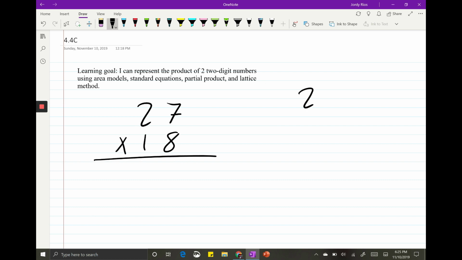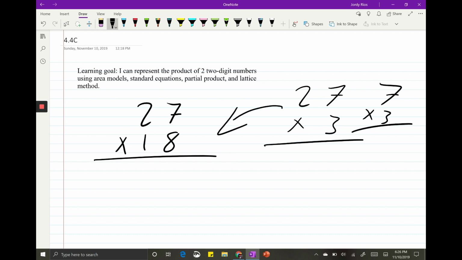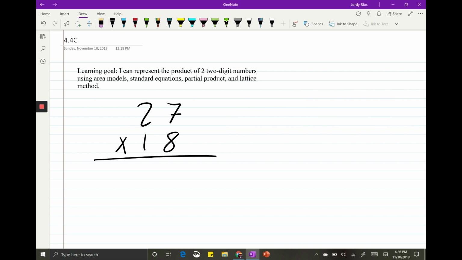This is what standard equation looks like. So we already know how to do this, but now we're going to this, right? So don't be scared. I'm going to teach you, and if you have any questions, just come and talk to me and I'll help you with it, okay?